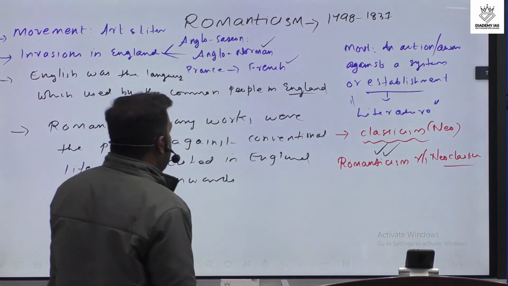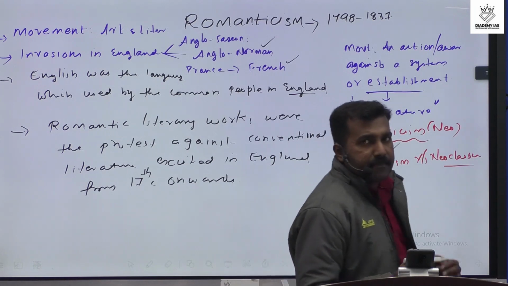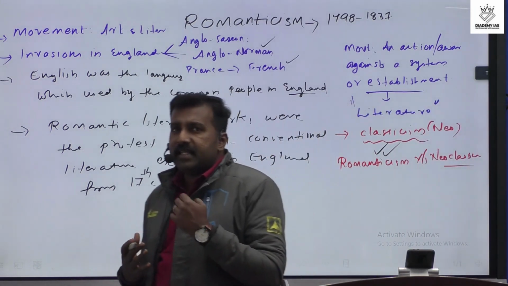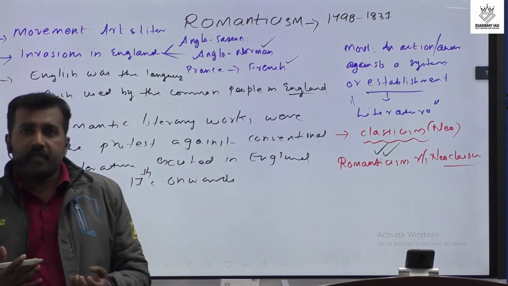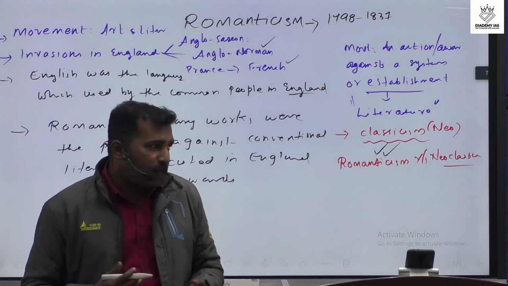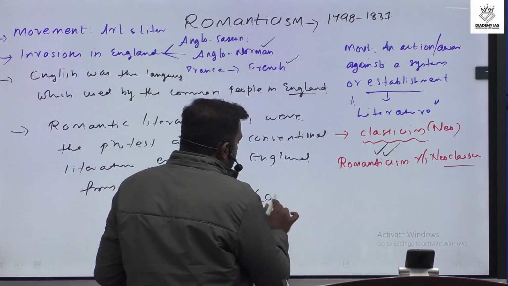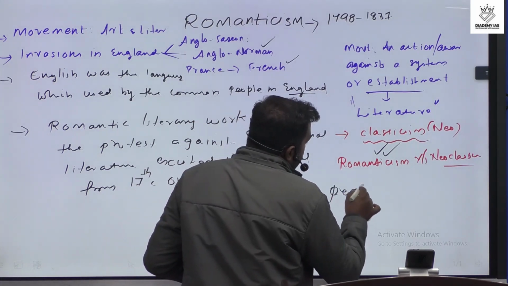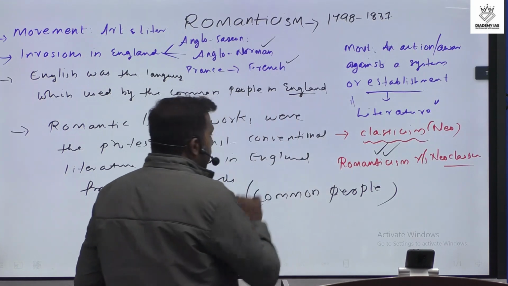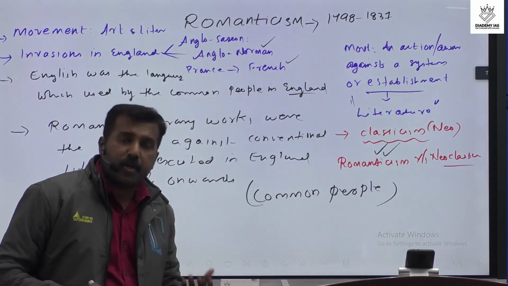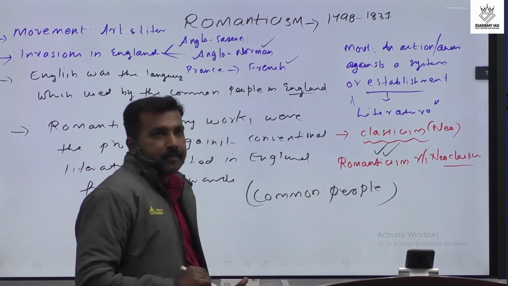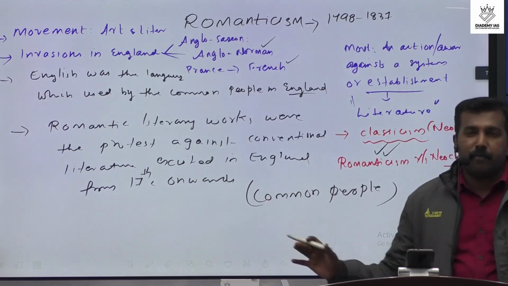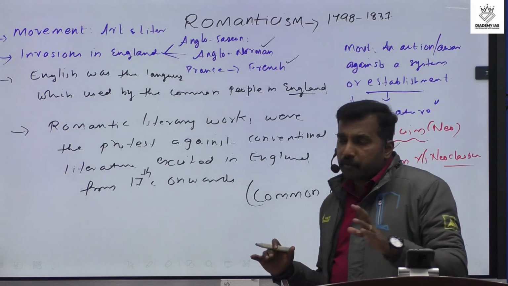So actually we said that this is a movement, and this movement aims to give priority to the common people in England. That is an important point relating to the introduction of Romanticism. So what is Romanticism? Romanticism is a movement. Which type of movement?